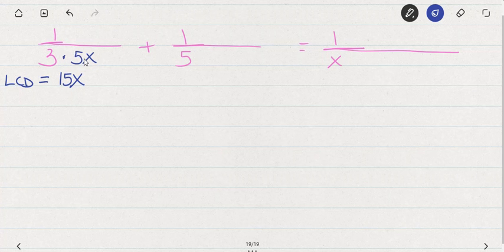And the goal of the problem here is, in order to add these, we need a common denominator of 15x. So if we built this 5 up to a 15x, it would need a 3 and an x. And if we built this x up to a 15x, it would need a 3 and a 5.